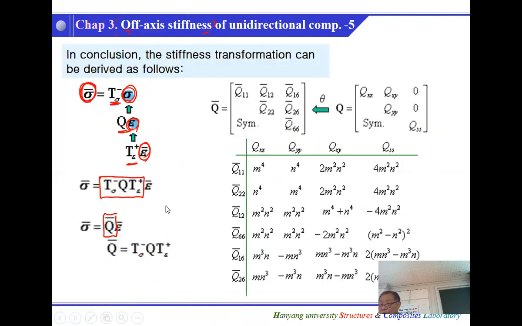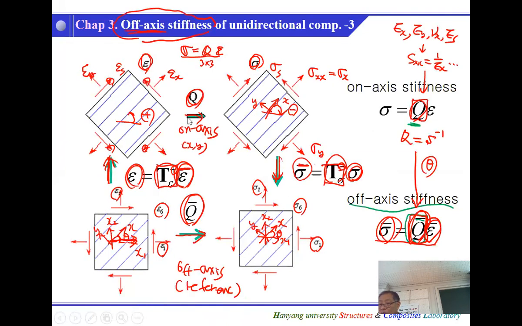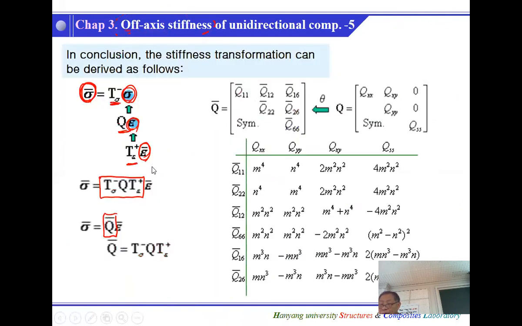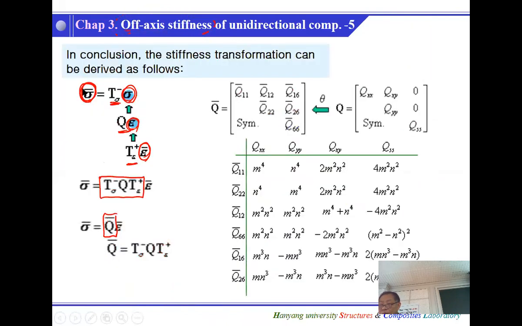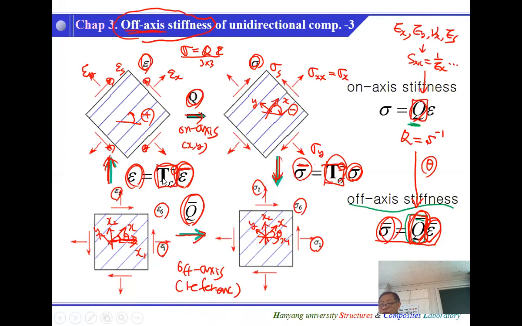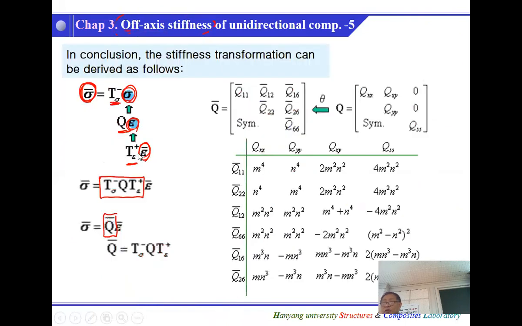So we went through steps 1, 2, 3, which means sigma bar is T sigma. Now sigma is on axis, so sigma is Q epsilon. Now what is the epsilon? Epsilon is T and epsilon bar. So we put that here, then finally we get these relations. Now by definition, what is this?